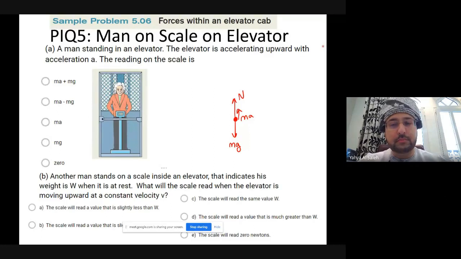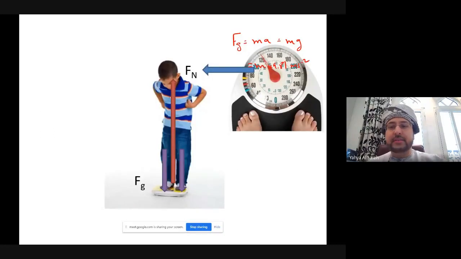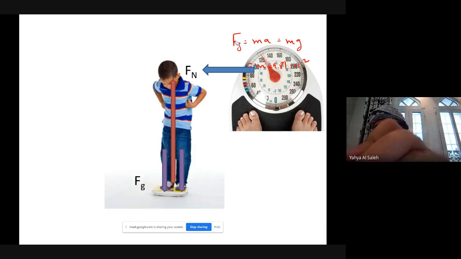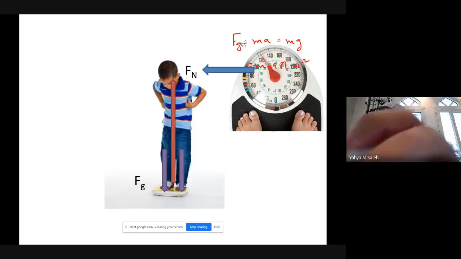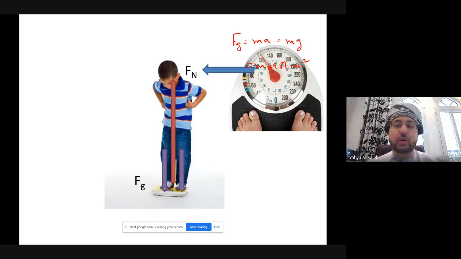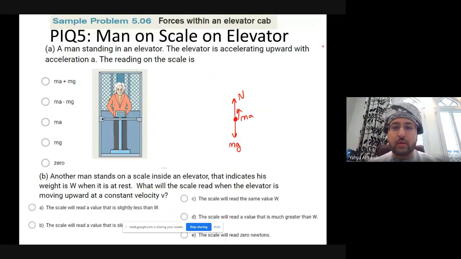Any other forces? No. Now, since our previous slide told us that what the scale is showing us is actually Fn, what we need to find is, what is Fn?